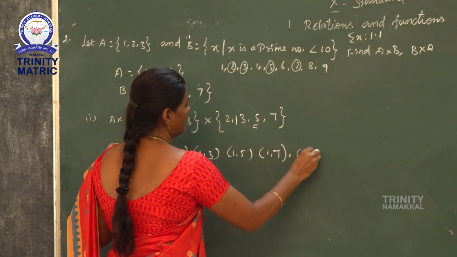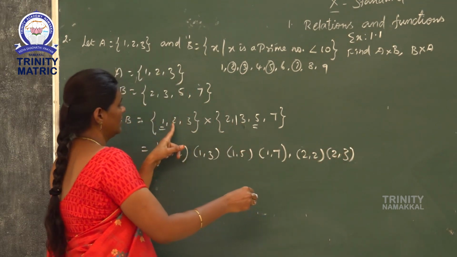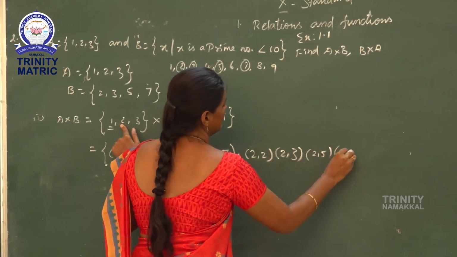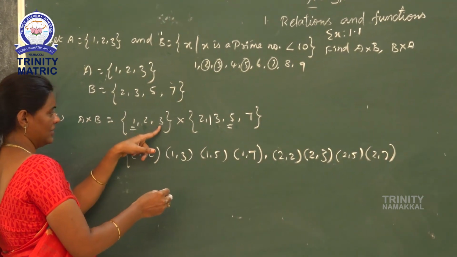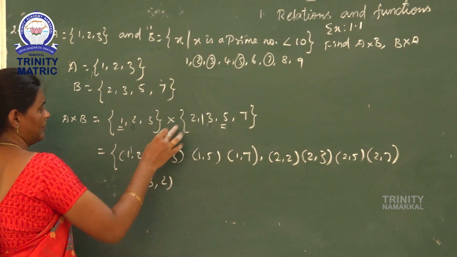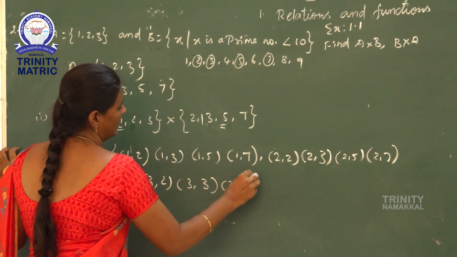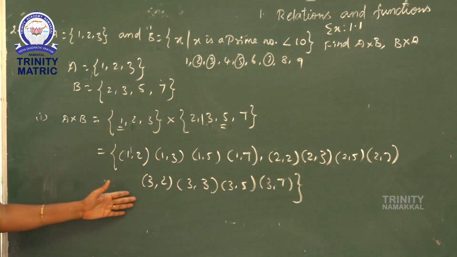Then 2, 2, then 2, 3, then 2, 5, then 2, 7. Then we take the third element from the set A with each element of the set B: 3, 3, 3, 5, 3, 7. This is A cross B.